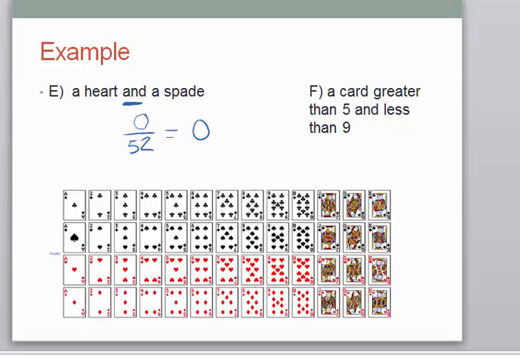Part F is also an AND problem. We want to know the probability that the card is both greater than 5 and less than 9. And again, we want to ask ourselves, is it possible that we would have a card that is greater than 5 and less than 9 at the same time?